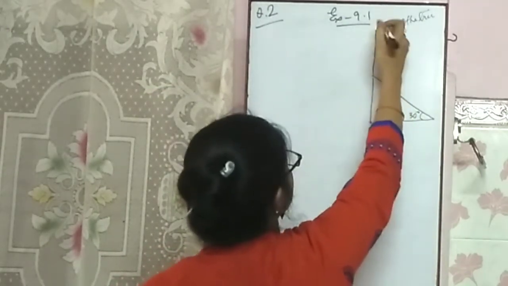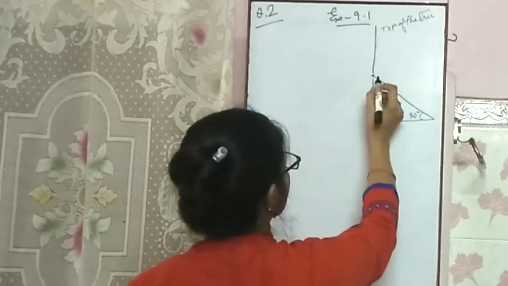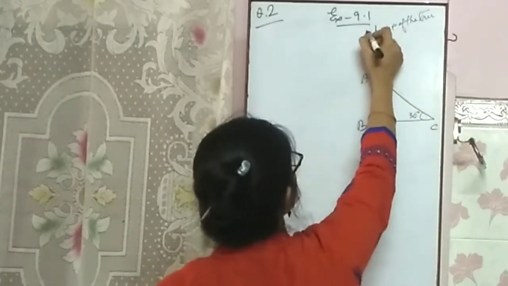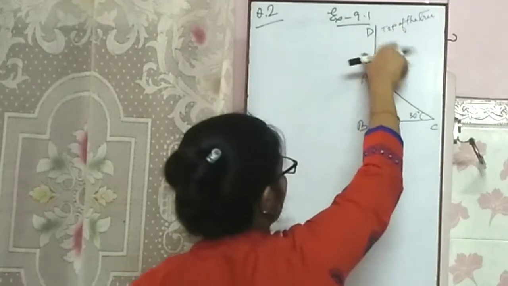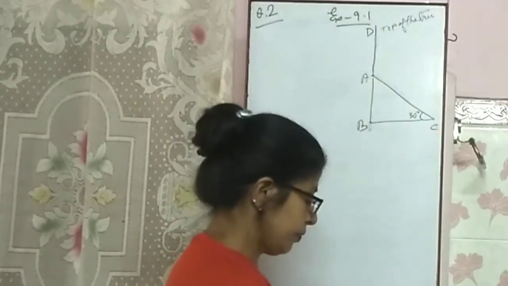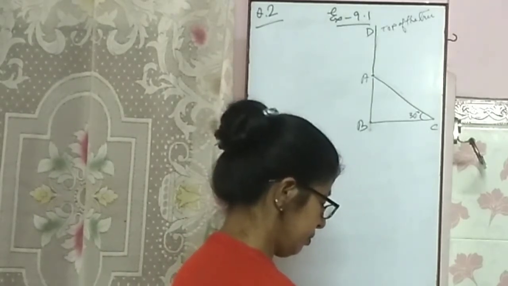This upper part has broken at this point. Say this is A, B, C and this is D. At this position it has broken down and touches the ground by making an angle 30 degree.